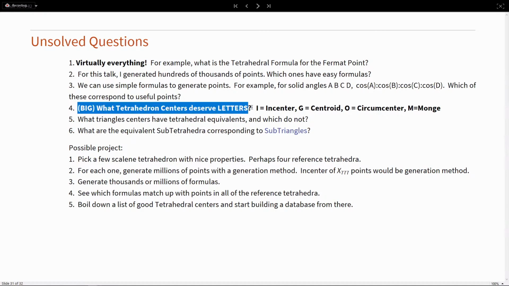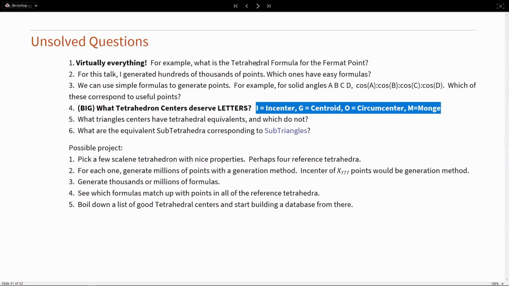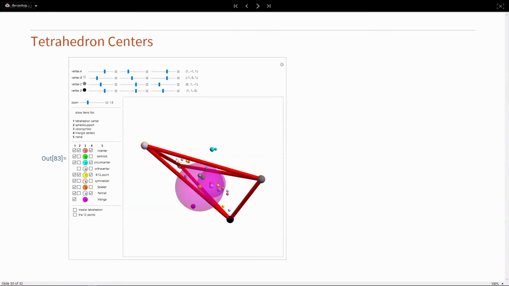So here's the big unsolved question. What tetrahedral centers deserve letters? There's already a few letters that have been assigned, and I showed a few of these back here. These are the tetrahedral centers with letters. There's only 9.